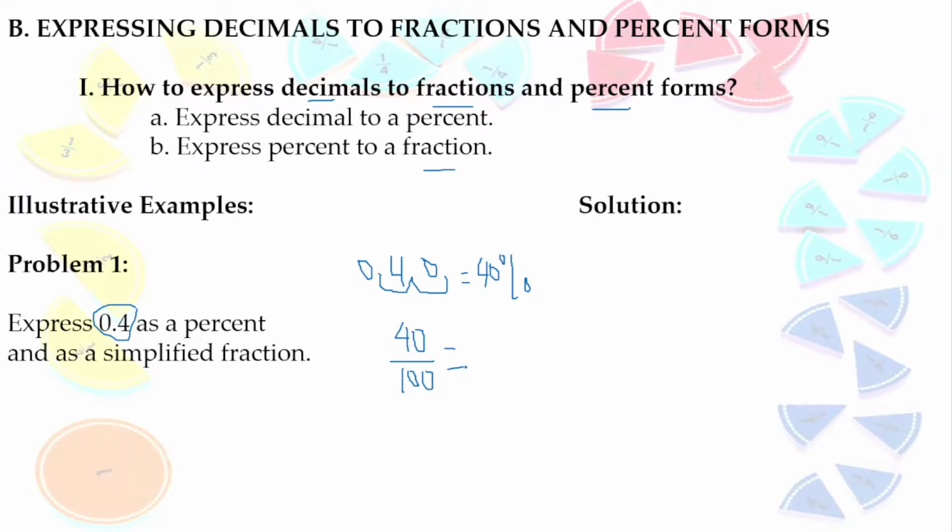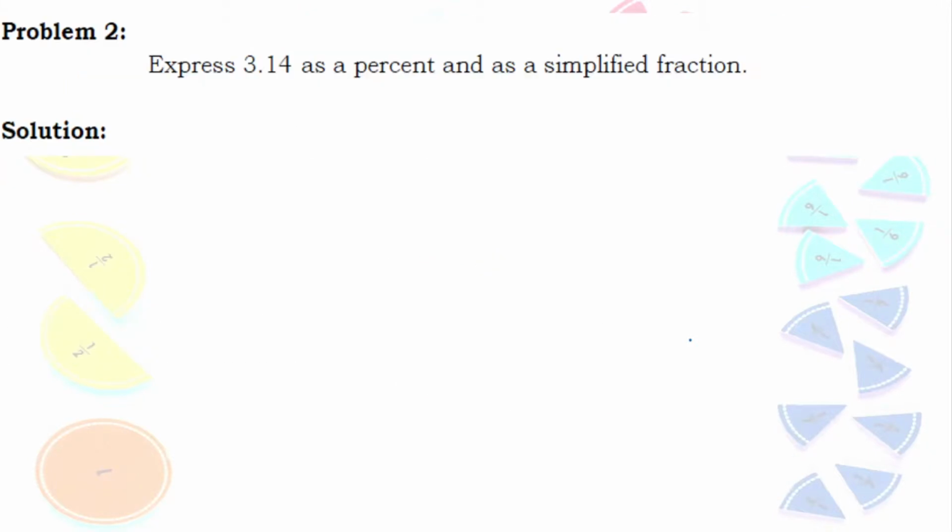So its GCF is 2. So we will divide both by 2. And we will get 2 over 5. So the fraction is 2 over 5. So from the decimal 0.4, the percent is 40% and the fraction is 2 over 5. Okay? So, let's have another example.